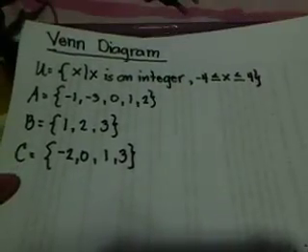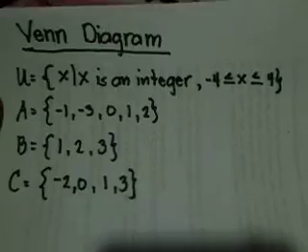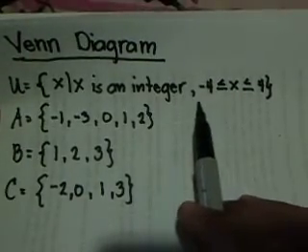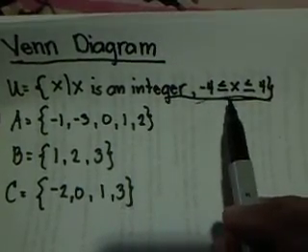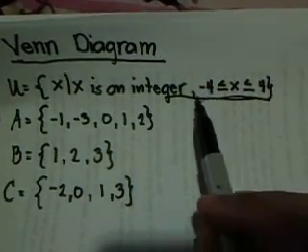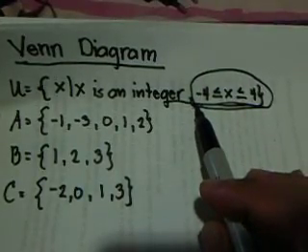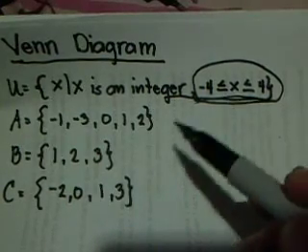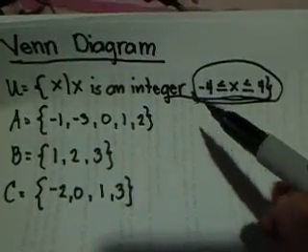Now, how are we going to make a Venn diagram out of this? First thing we're going to do, if this is given using set builder notation, you have to identify first what these numbers are in order for us to make the Venn diagram easily.